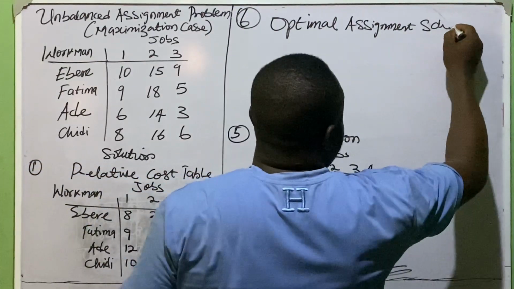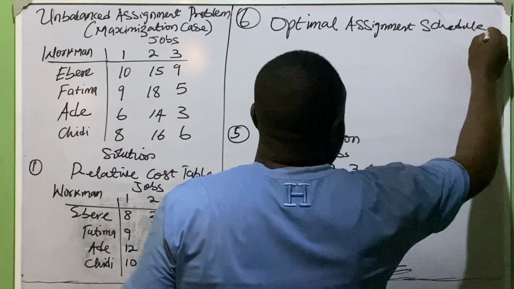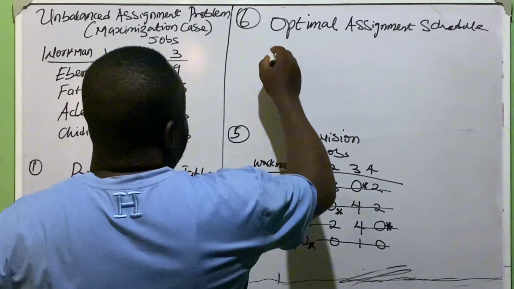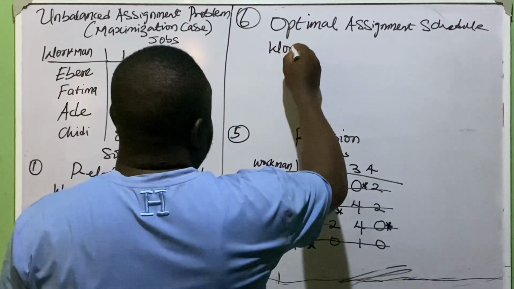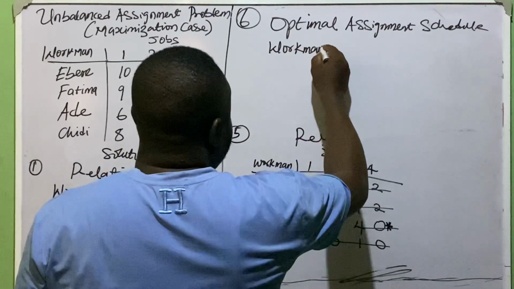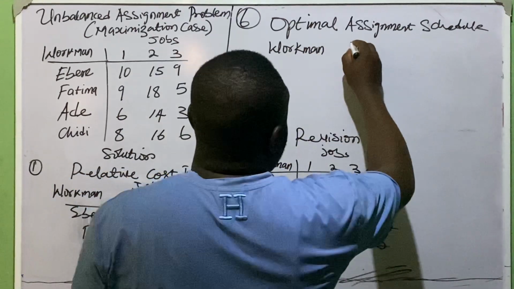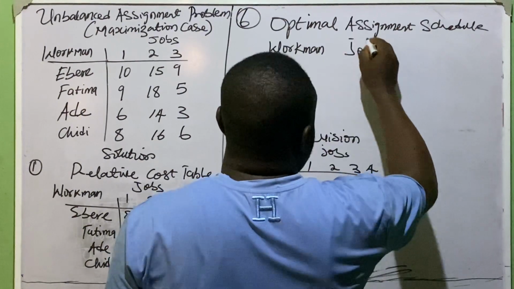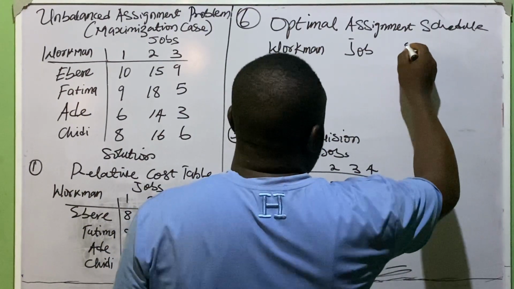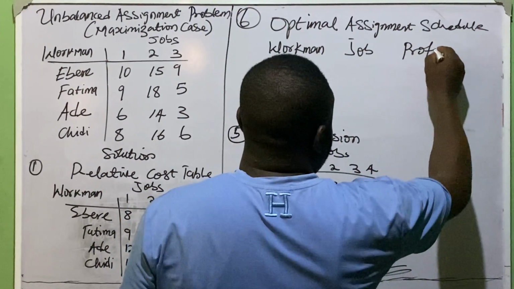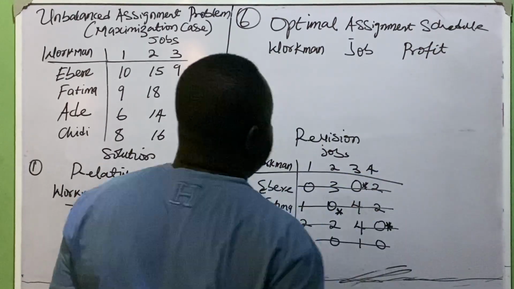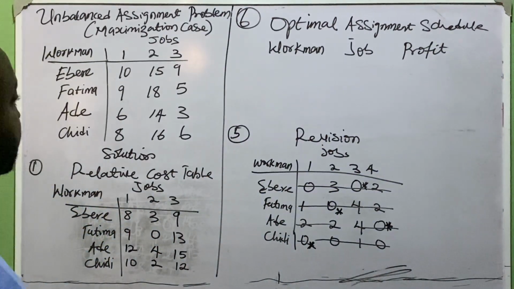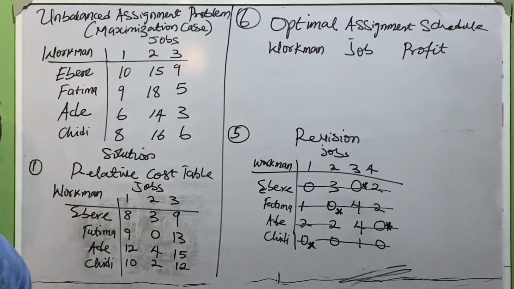Okay, workman here, you have jobs, then we have cost, profit. Don't forget, it's a combination of an unbalanced case and a maximization case.